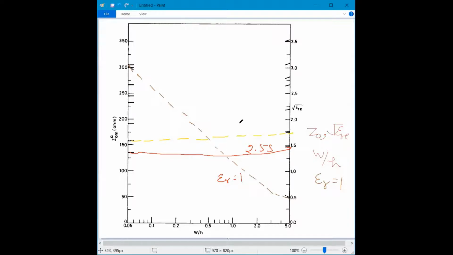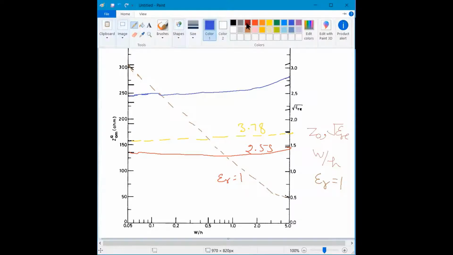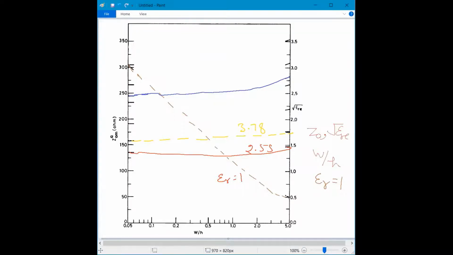This is for 3.78, and if we have under root epsilon R equal to 16, then the plot will start from this point and it will end at this point 3.5.